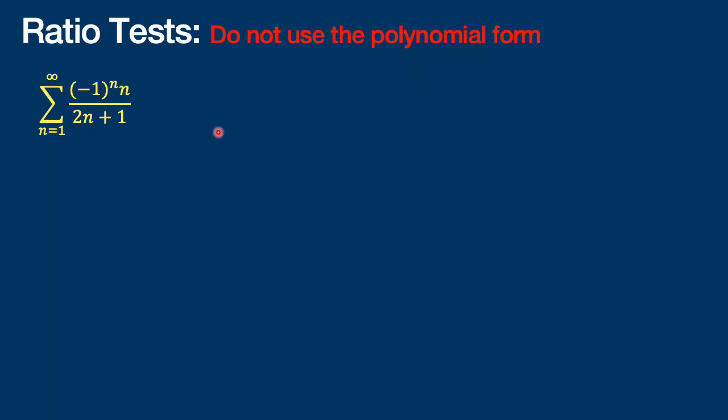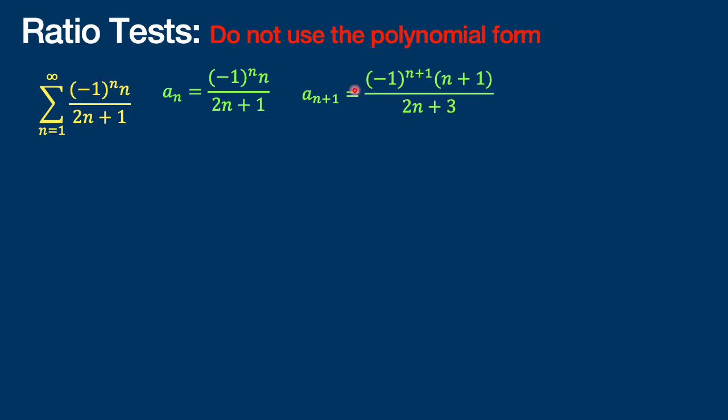So a_n is going to be (-1)^n times n over 2n+1. a_(n+1) is going to be, you replace n with n+1, then here is 2n+2+1, that's 2n+3, and the numerator is n+1.